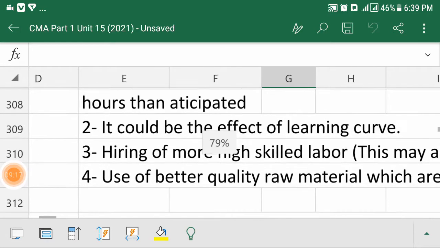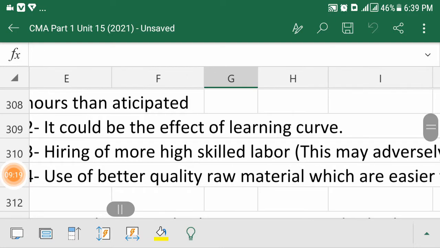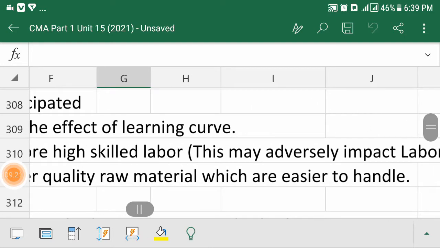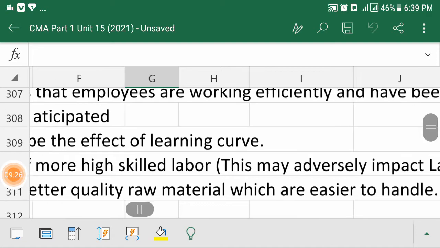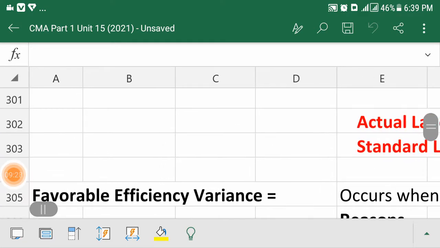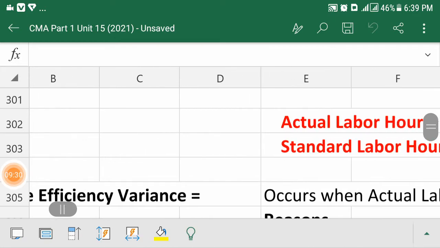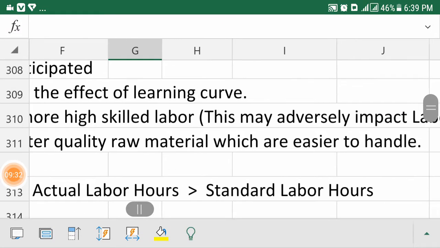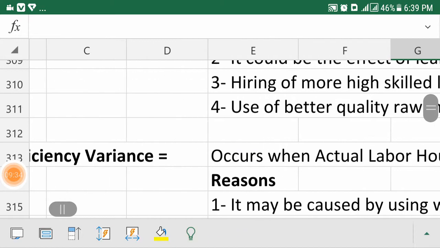The third one could be hiring of more highly skilled labor. If you are hiring more skilled labor, then it could also be a reason for the labor efficiency variance to be more favorable.